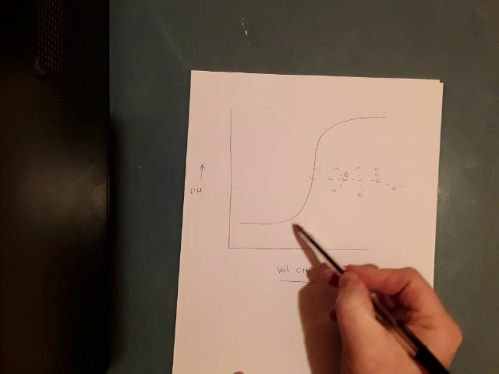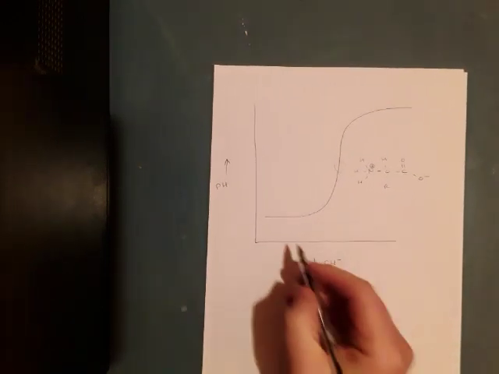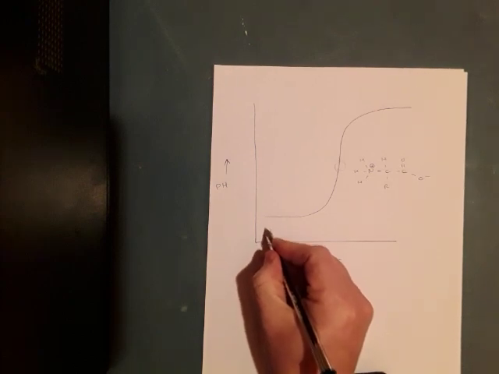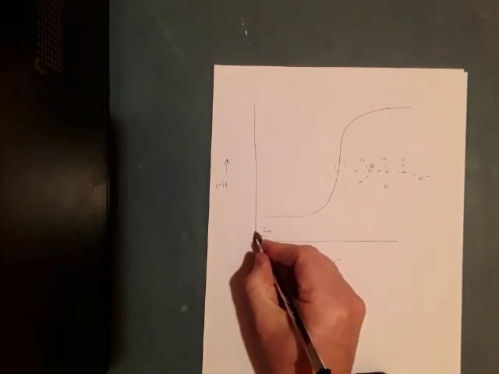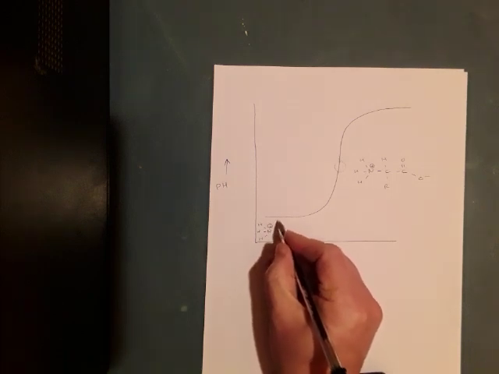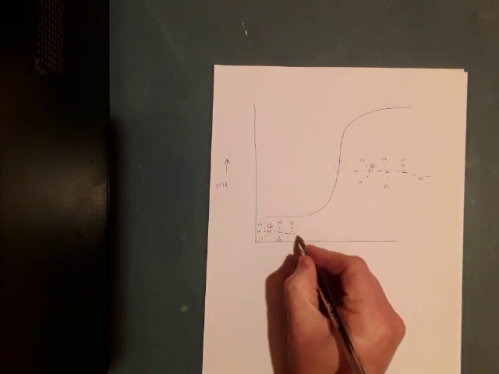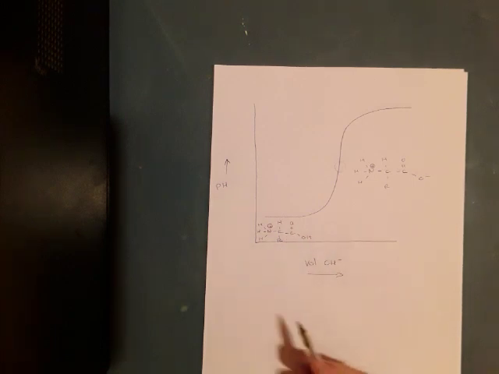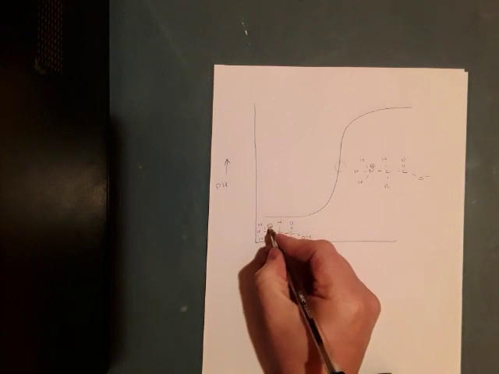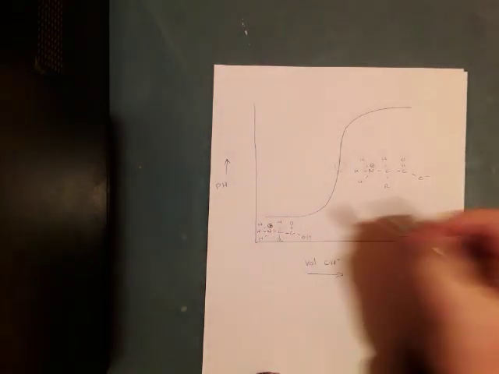Here we can see pH is dropping, so therefore we are protonating. So down here, that's protonating. We've got the positive charge there on the nitrogen and an extra hydrogen on the amino group.